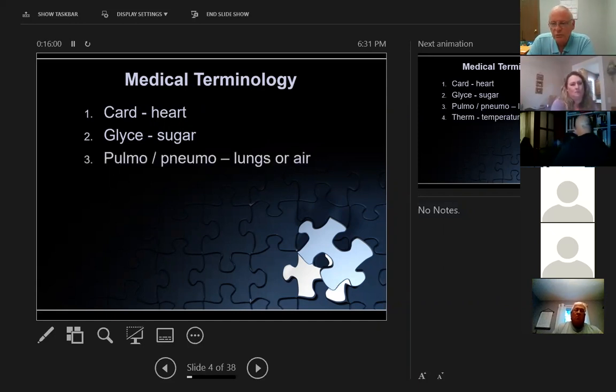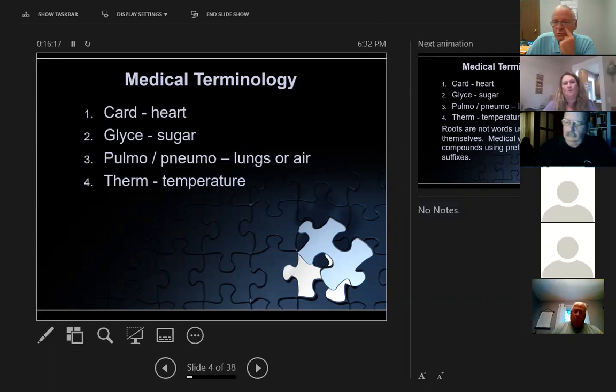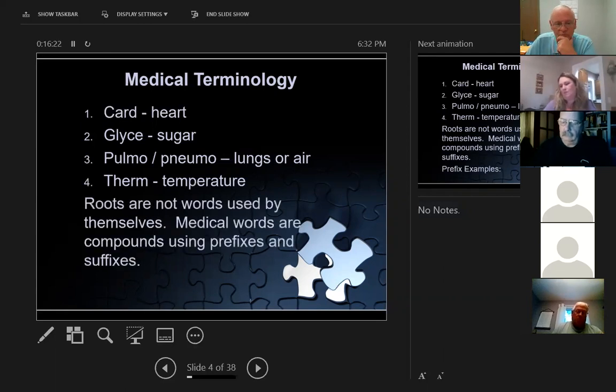Obviously, we do a lot with breathing, lungs, air going in and out, air being in the right place. There's a couple different root words for that, pulmo and pneumo, like pneumonitis or pneumonia or pulmonary. Therm is a root word for temperature. The easiest thing there is thermometer.